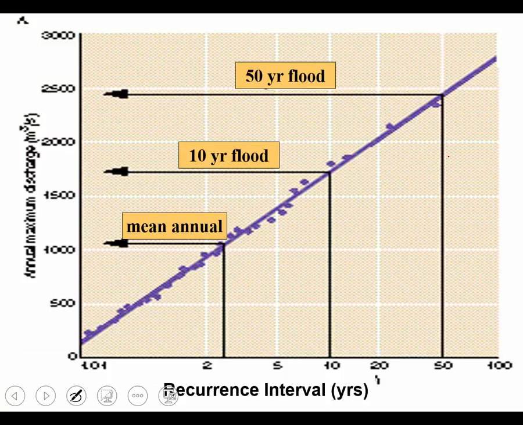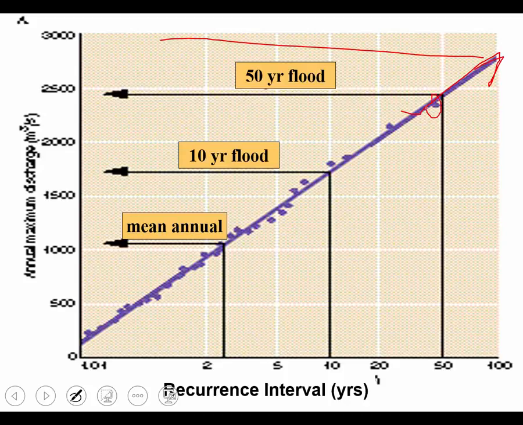So that's what we would do here. We would extrapolate from the 50-year flood plus all the others to that 100-year flood. So we can use historical stream flow data using this technique to determine the 100-year flood, with all the caveats that come with it, but that will be part of your assignment after spring break.